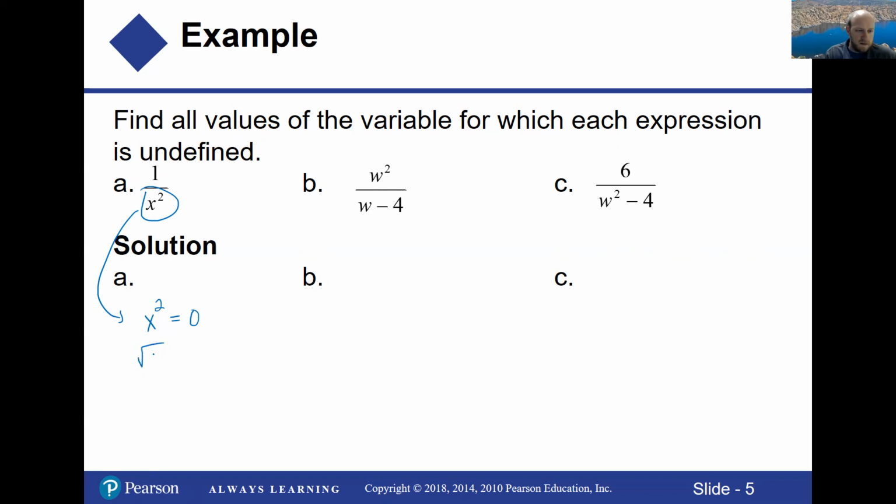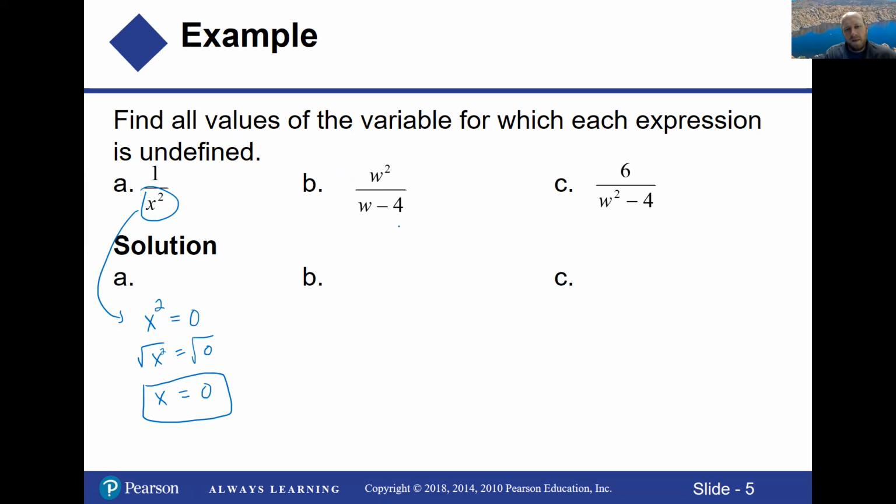So we're going to square root x squared, right? And we're going to square root 0. The square root of x squared we know is x, and the square root of 0 is 0. So when x equals 0, this rational expression is undefined, because when we substitute 0 back in here, we're going to get a 0 in the denominator.